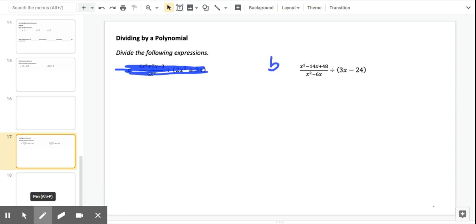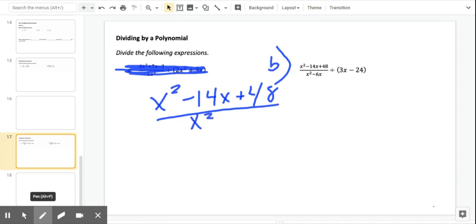So for letter B here, we're going to do keep, change, flip, like that. And then we will factor.